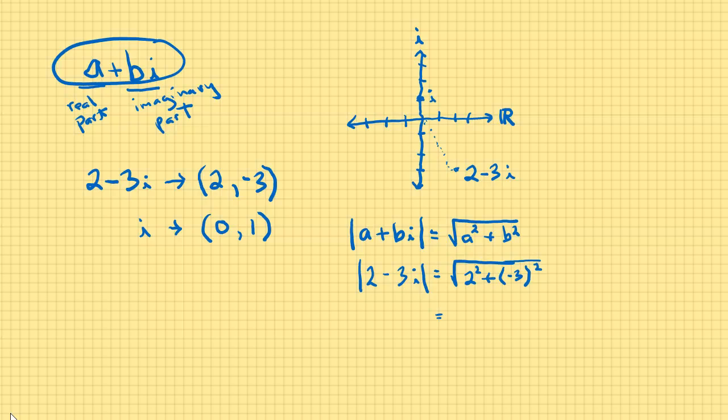This equals the square root of 4 plus 9, which is the square root of 13. So that's the magnitude of 2 minus 3i. This is the square root of 13.